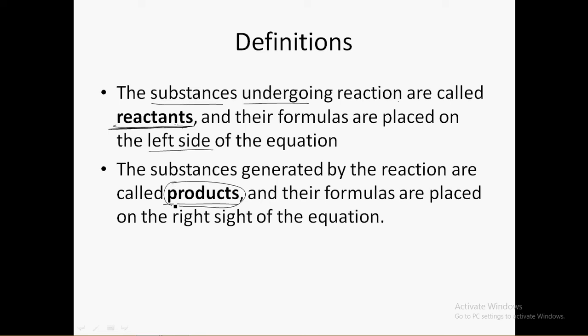In a short way, we can explain this: the result of the reaction is called the products. And the formulas are written on the right side of the chemical equation. Right. Now we have defined the reactants and the products.